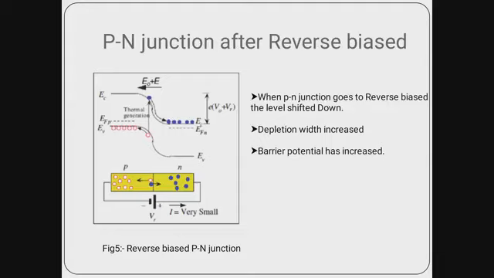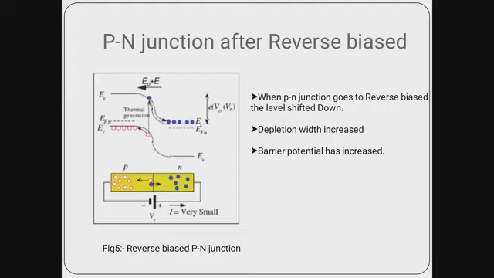So what will happen? Here is plenty of electrons in n-type bead and here is plenty of holes in p-type bead. But due to this barrier height and due to this increase in the width of the depletion layer, plenty of electrons are not able to move or go towards the p-type bead.